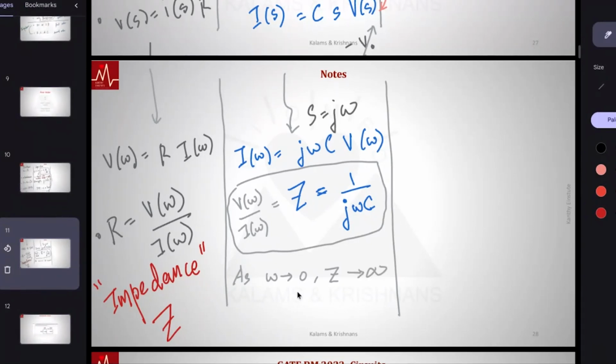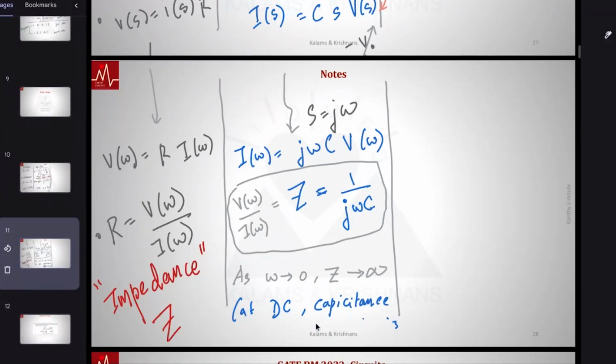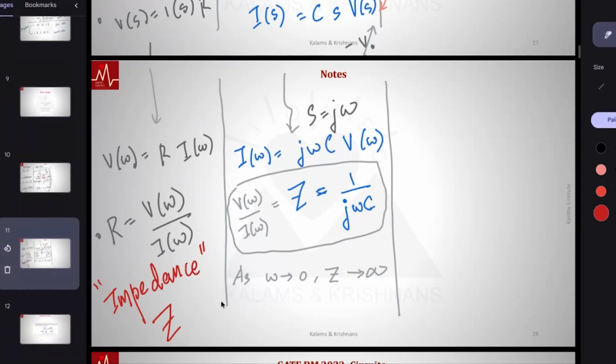Omega tending to 0 means signals are not oscillating at all. The name we have for that is DC. At DC, capacitor impedance, capacitor resistance, is infinite. Capacitor open circuits. Most of the things that you want to know for an RC circuit about a capacitor, I have here as far as the GATE exam is concerned.